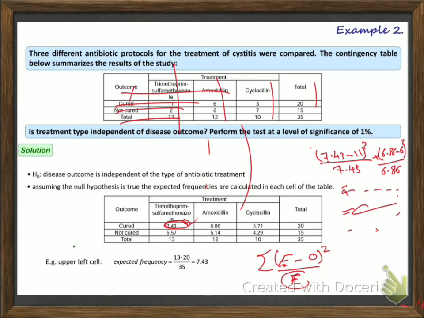No, the number of rows and columns counted are those which have values. Values mean observed value or calculated value. So how many rows do we have with an observed value? 1, 2 only. What about this one? This is the total. This is not an observed value, so this one will not be counted. So the number of rows equals 2.